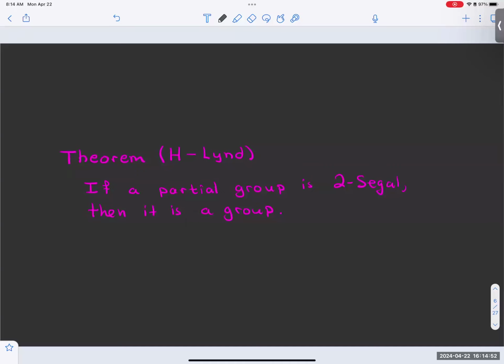So multiplication is totally defined. It does not go via the previous slide, because the previous slide is really telling us that we shouldn't expect partial groups to be partial monoids with sort of inverses, because that would just be a group. So I'll come back to this little theorem at the end.